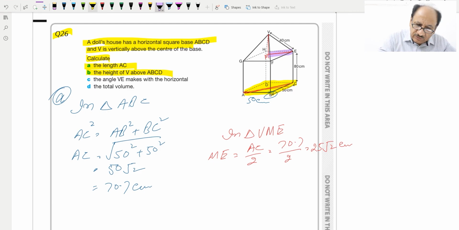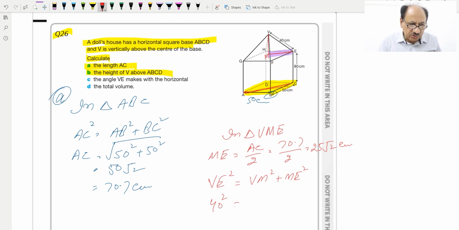Now next we can apply Pythagoras theorem. So VE square is equal to VM square plus ME square. VE is 40, so 40 square is equal to VM square plus ME, which we just found, 25 under root 2, and this will be squared.